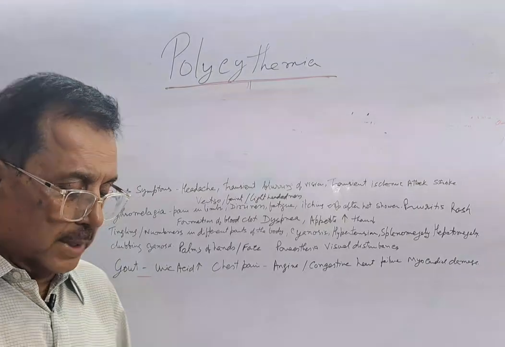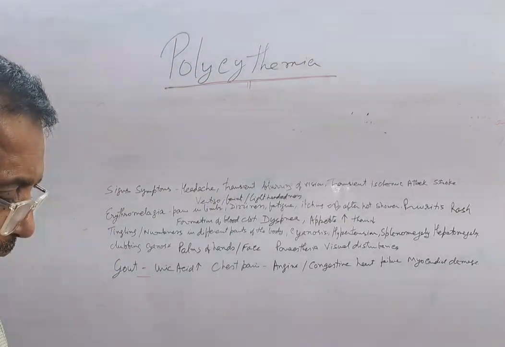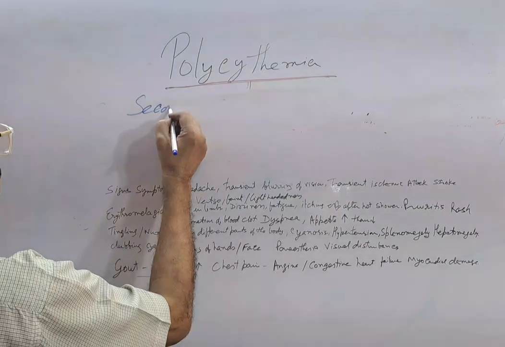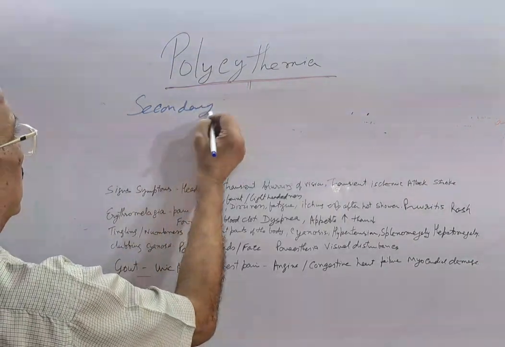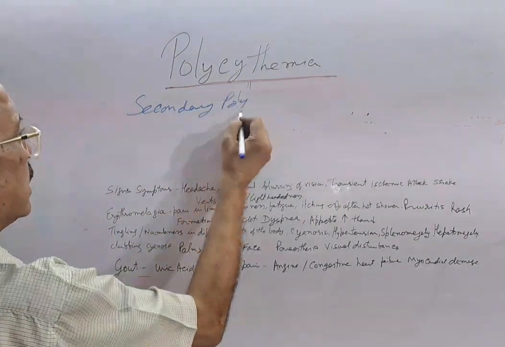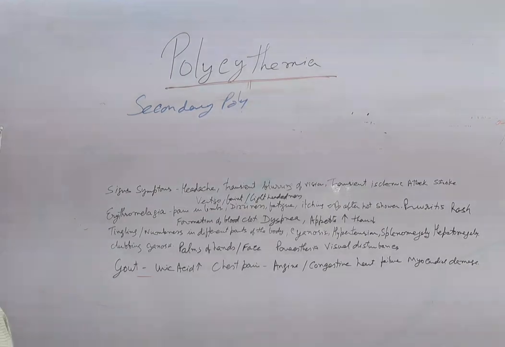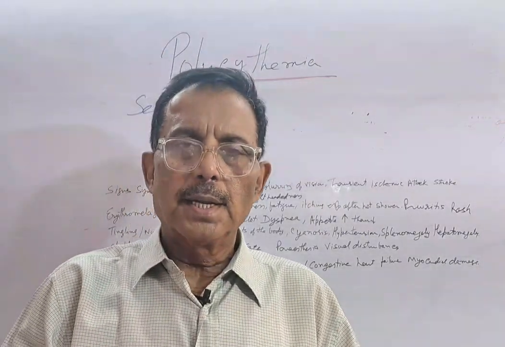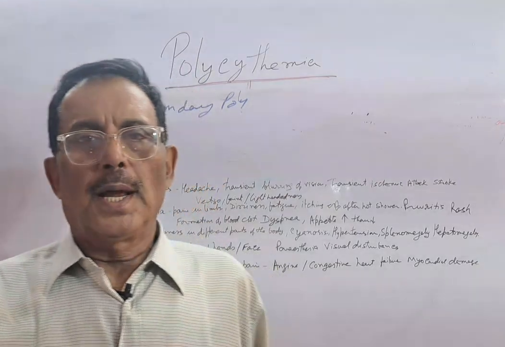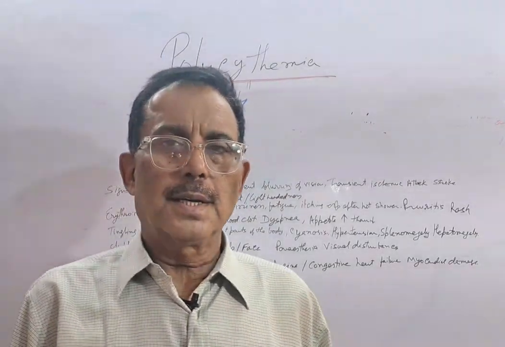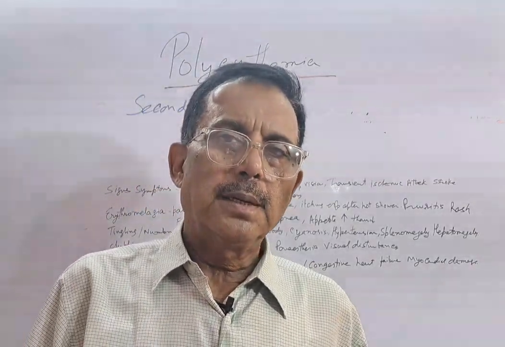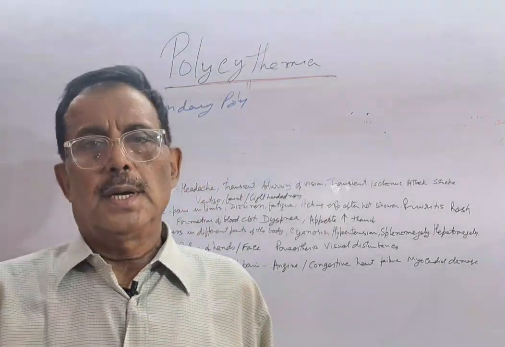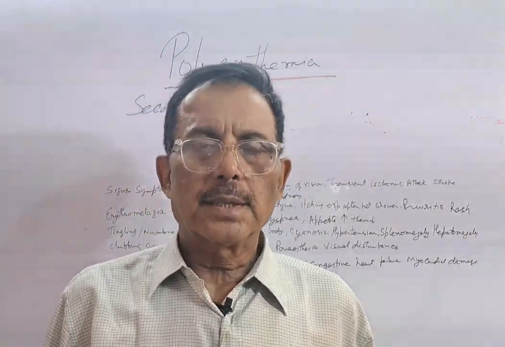Now coming to secondary causes. Secondary polycythemia is mainly due to increased level of erythropoietin, and erythropoietin level increases in hypoxia. Hypoxia is a powerful stimulant of erythropoietin secretion.